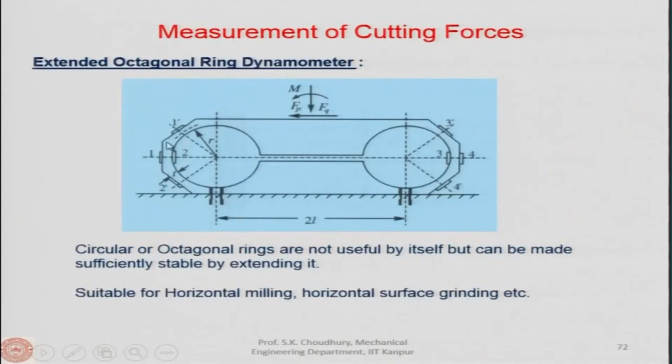Okay. So, therefore, in the extended octagon also this will be at a 50-degree angle, because the principle is the same, and 1 prime, 2 prime, 3 prime and 4 prime, these sensors will sense the tangential force, okay, one of them, let us say I do not know, this may be Fp. So, Fp is sensed by 1 prime, 2 prime, 3 prime and 4 prime, and Fq, which is the thrust, is sensed by 1, 2, 3 and 4.